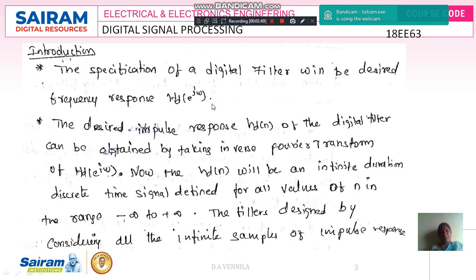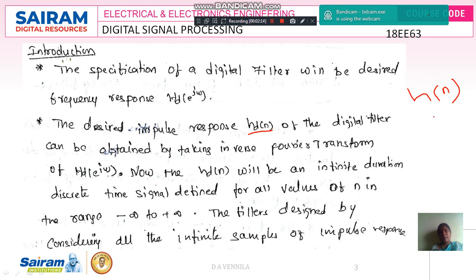Using the desired frequency response, we are going to find the desired impulse response, that is HD of n. From this desired impulse response, you are going to find the impulse response H of n.